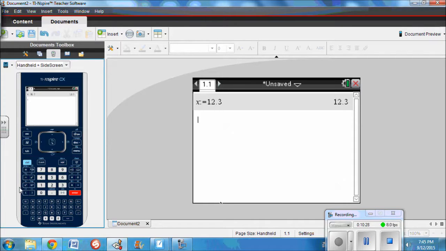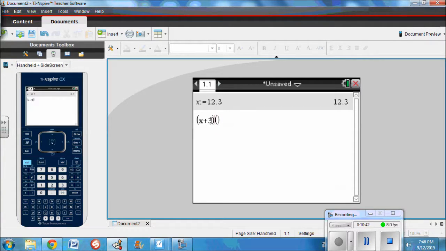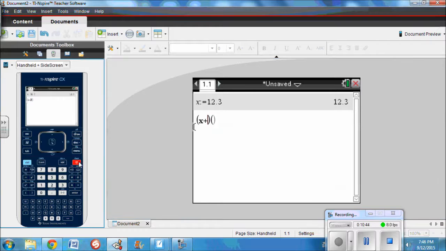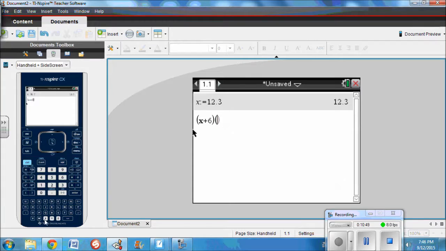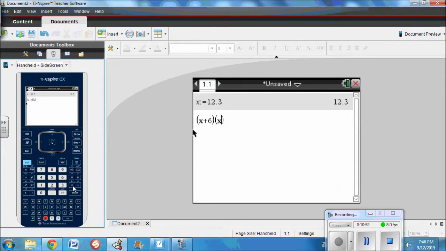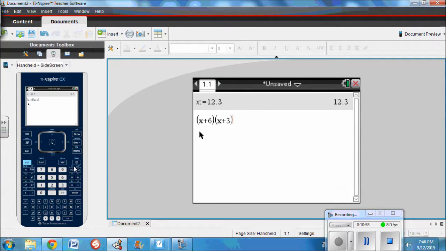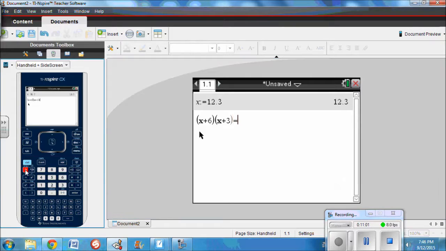So now let's type in our problem. So the problem was x plus 3 times the quantity, oops, that was a 6 really first. I'm going to make sure that it looks exactly the way the problem looks, but we know that multiplication is commutative, so the order does not matter, but let's make it exactly the way the problem looks. Times x plus 3, okay, and a regular equal sign. Does it equal?